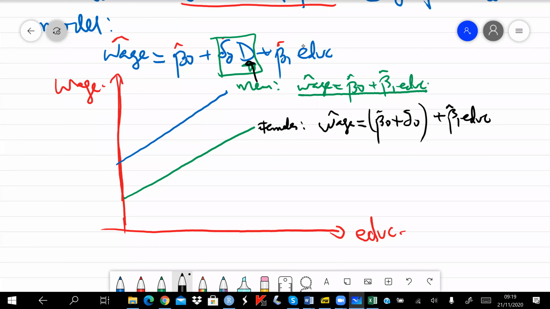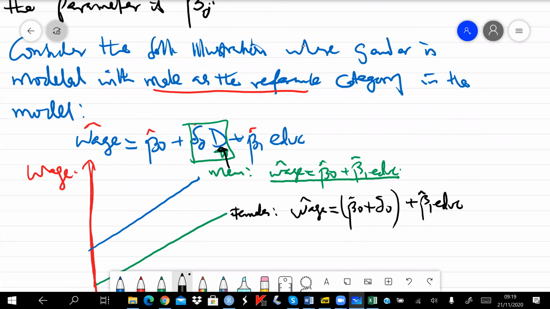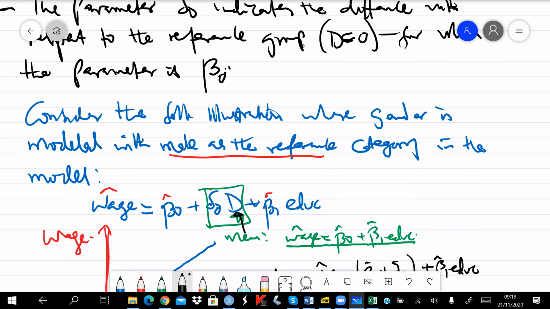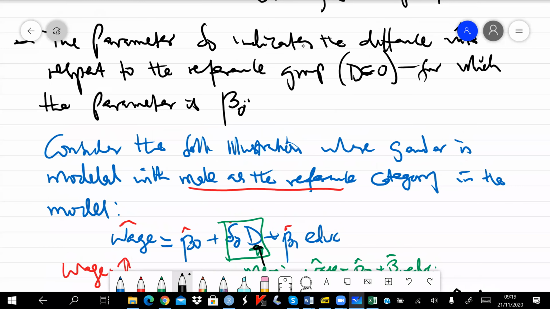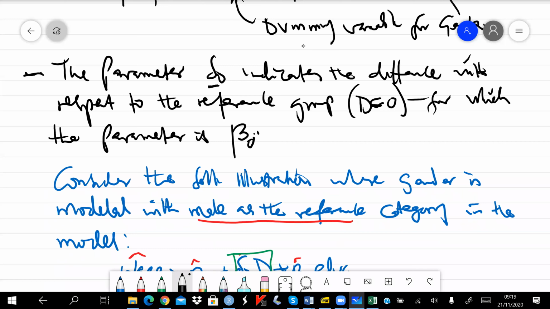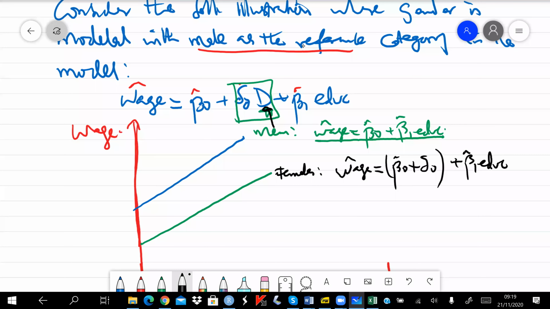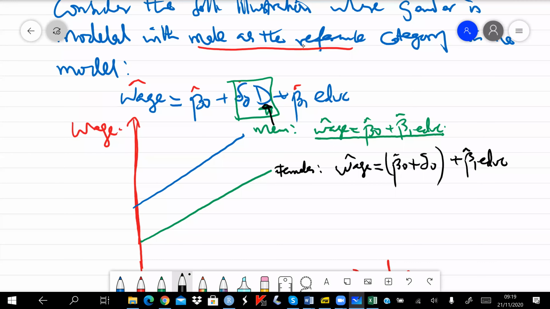So you notice that this is what I was saying in this statement, that the parameter delta naught is the difference between the two categories of the dummy variable. So this is the model for the males, and this is the model for the females.